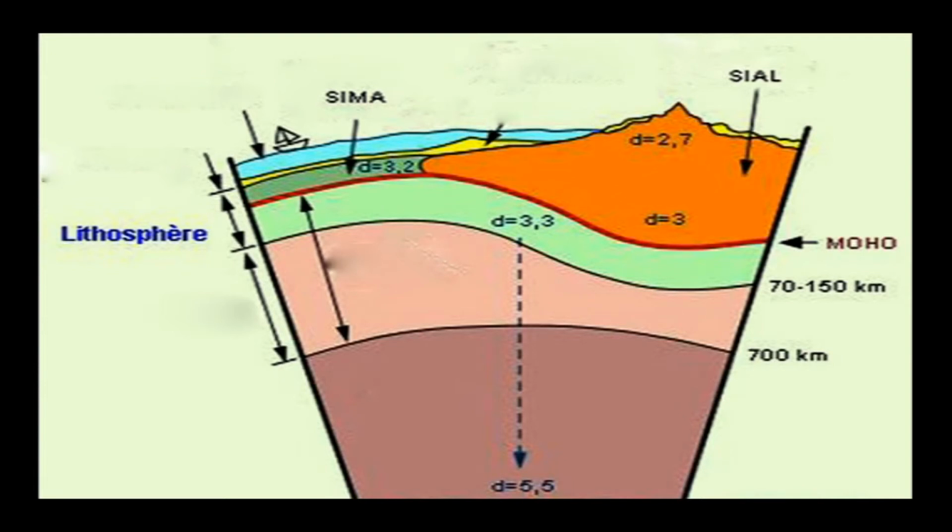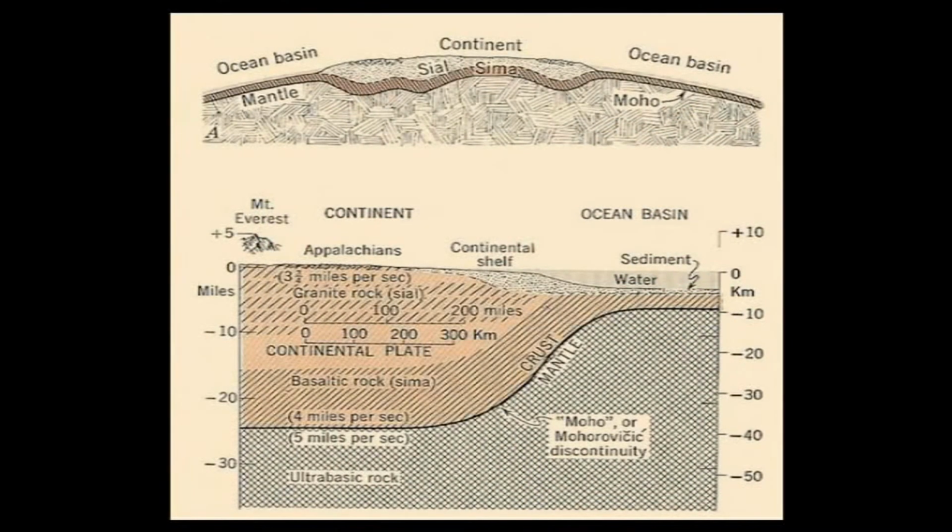It further constitutes the continents with a mixture of lighter rocks and a variety of sedimentary and metamorphic rocks, where geology goes into the details of their formation, their chemical composition, and so on. However, the granitic layer is either non-existent or very thin over the ocean basins. You have to see figure 3b very clearly. You can see how the ocean basins do not have sial at all. In fact, they have more of sima.